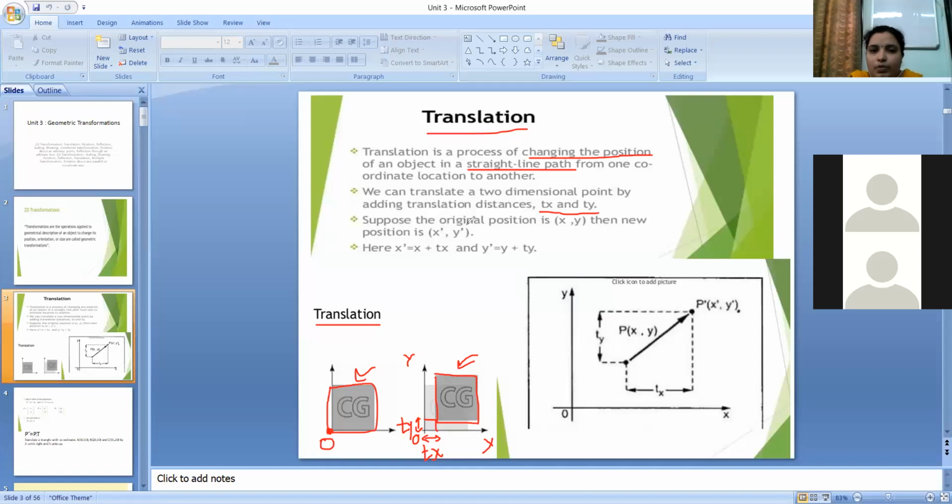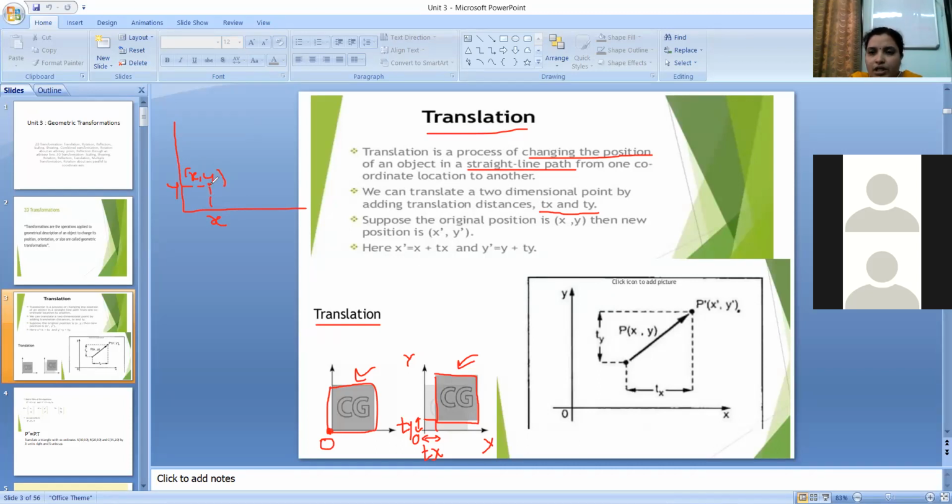Okay, then suppose the original position is x comma y. So I will consider a point. This point is again a two-dimensional entity, isn't it? So this is your x and this is your y value. The coordinates of this particular point are x comma y.